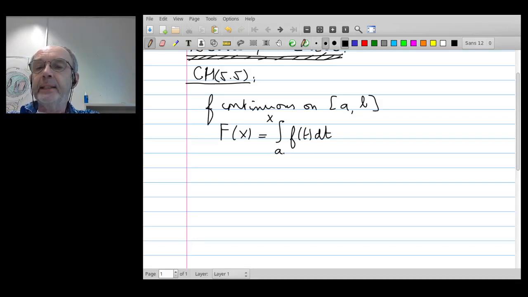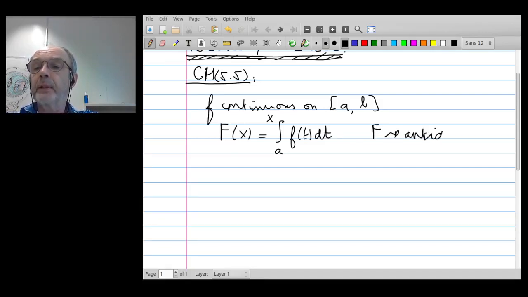And then a is known, so a is, in this case, the lower boundary of our interval, and we integrate the little f. Your t is your integration variable, and then what names can you give it?